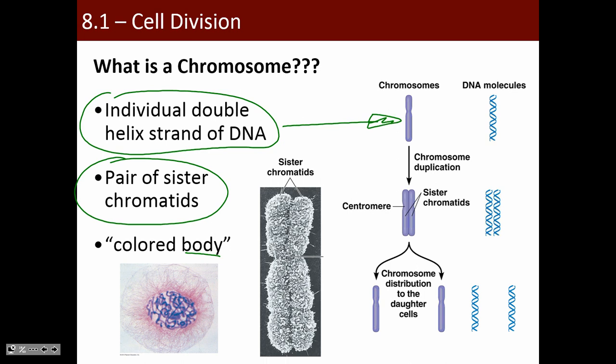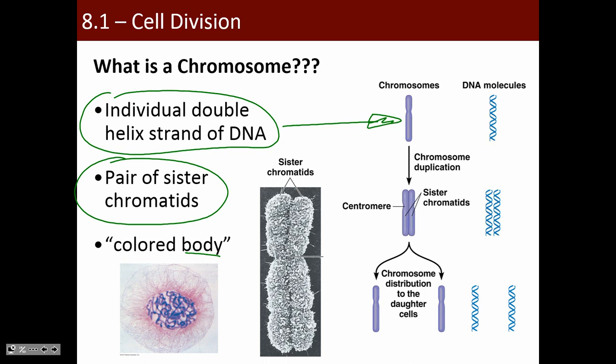So that's why a chromosome is kind of a diverse suite of things. It's either a single linear piece of DNA in its loose form, in its compacted form for travel, or a pair of sister chromatids duplicated and ready for cell division. So we'll talk about that a little bit.